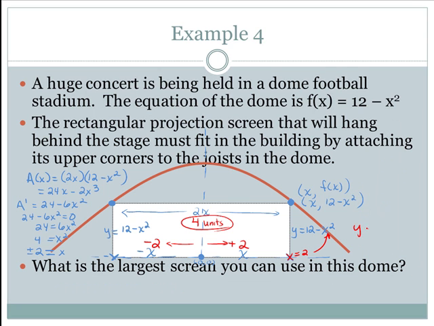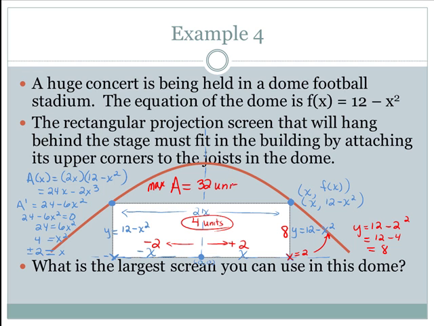So y equals 12 minus 2 squared, which is 12 minus 4, which is 8. So the height of the screen is 8. And so now our area, our max area, is 32 units squared, because I don't know whether these were yards or feet or whatever. And that's when it is 8 units high and 4 units long.